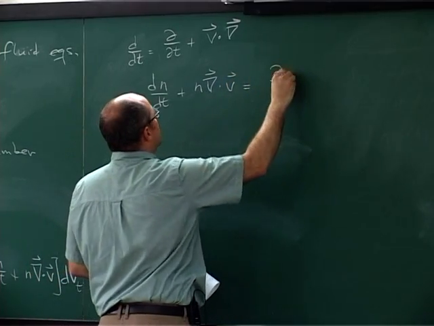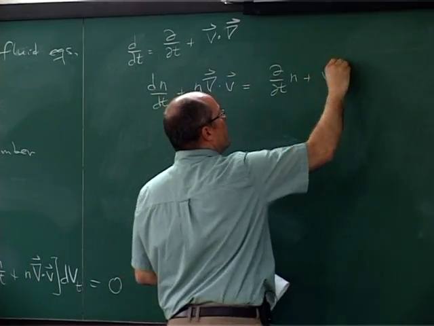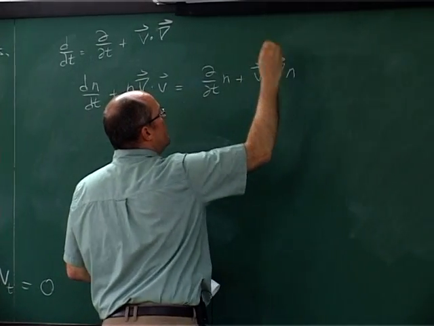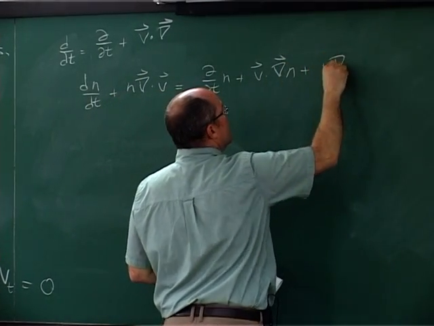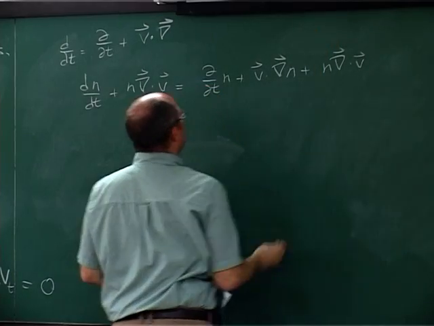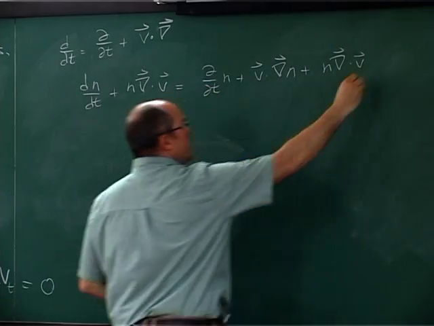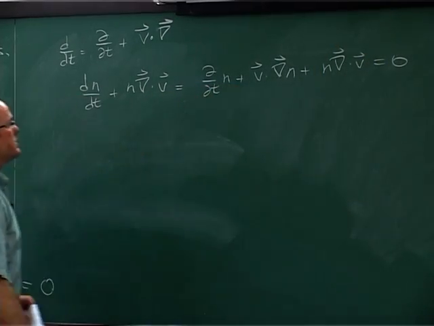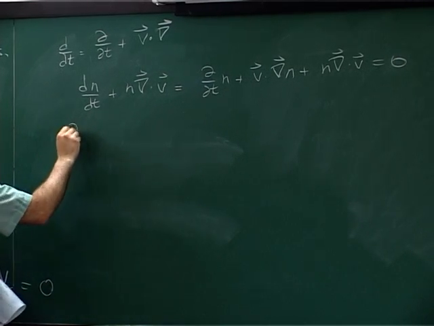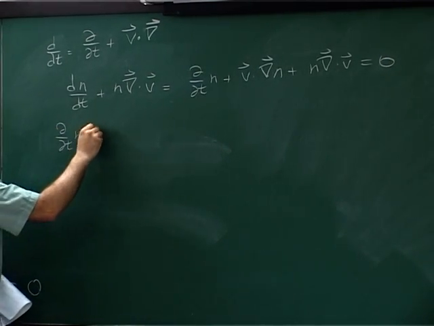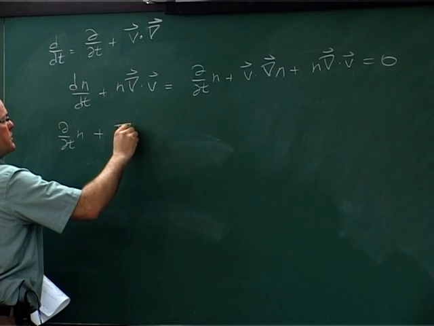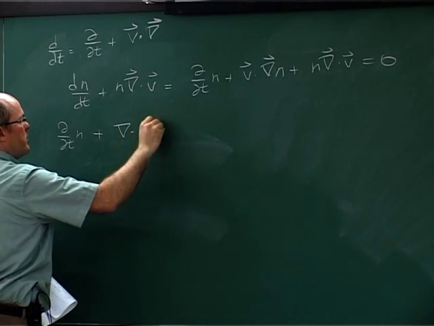I should have, let's see, plus v dot grad n plus n divergence of v. And the right-hand side was 0, so all of that is equal to 0. And so I can combine those last two terms as divergence of n multiplied by v.